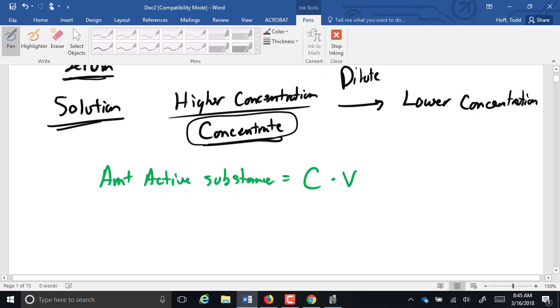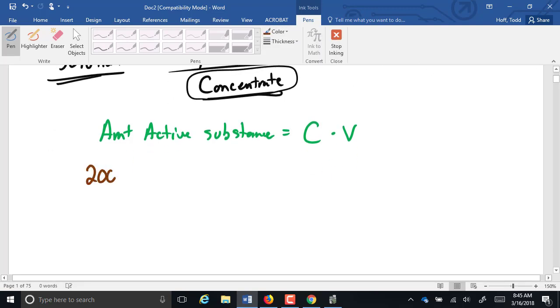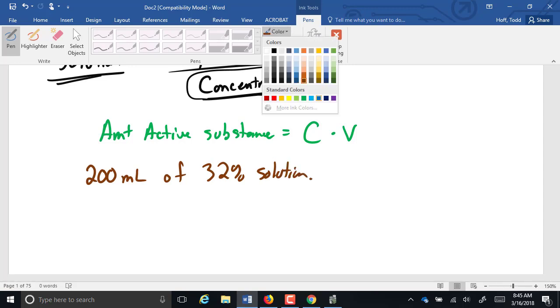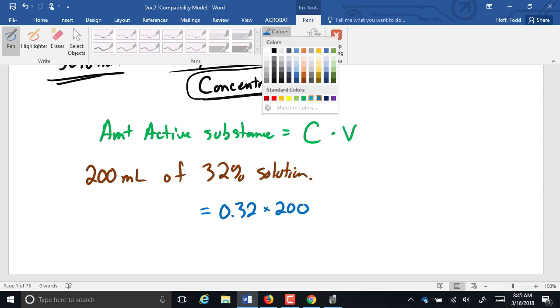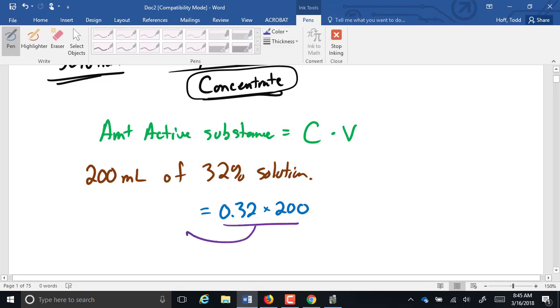So if I have 200 milliliters of 32% solution, the amount of active substance in that is going to be my concentration of 0.32 times my volume of 200 milliliters. If I multiply those out, that gives me 64 milliliters of that active substance, whatever that medication is that is in that solution.